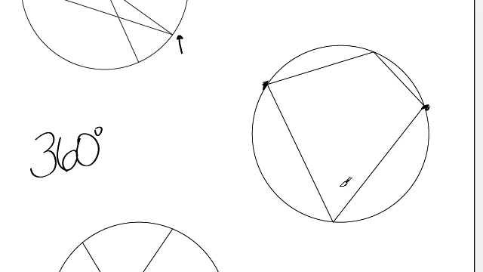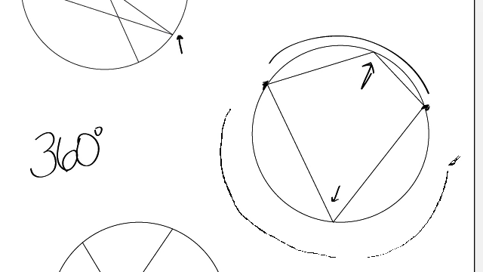If we look at this angle, no matter what it is, it goes across the minor arc. Or it's connected to that minor arc. This angle up top goes around to create the major arc.